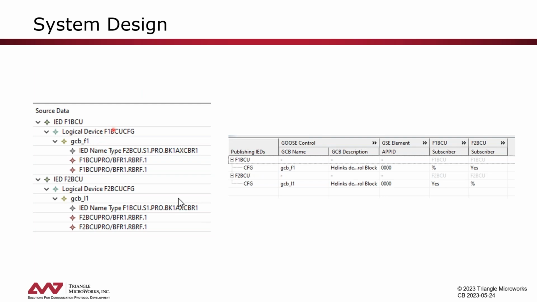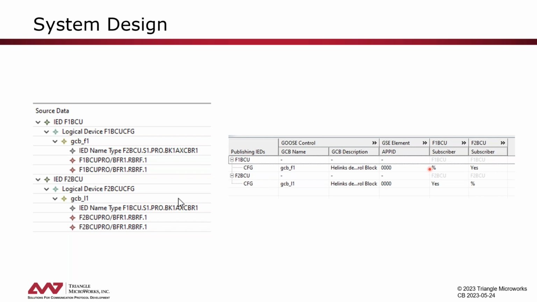So we see in the logical device for configuration in the device F1 BCU, we have a GOOSE control block, which is sent to the F2 BCU. In a similar way, we have in the F2 BCU the GOOSE control block that is sent to the F1 BCU. It contains the breaker failure OpX signal.